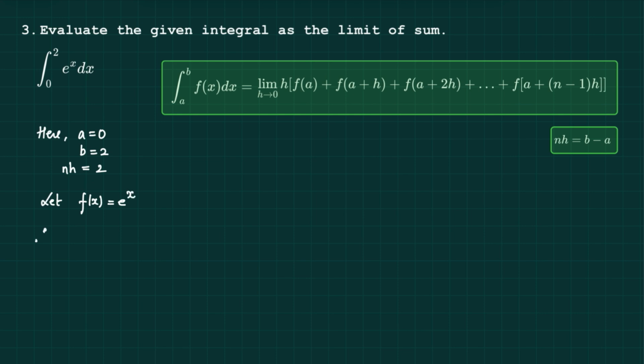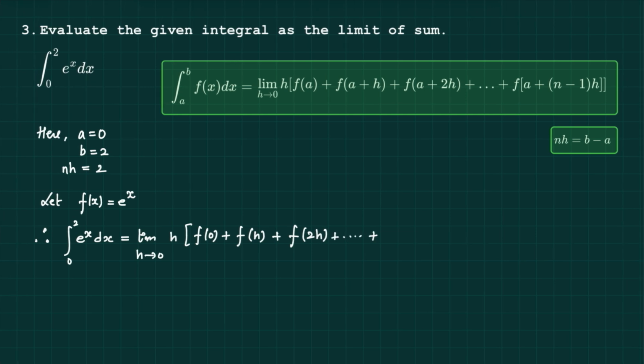Therefore, the integral from 0 to 2 of e to the power x dx equals the limit h tends to 0 of h into f(a), a is 0, that is f(0) plus f(0 plus h) plus f(0 plus 2h), and the last term is f((n minus 1) into h).